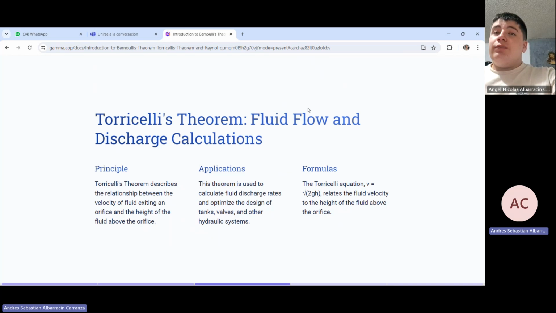For applications of this theorem, we can calculate fluid discharge rates and optimize the design of tanks, valves, and other hydraulic systems. For the formula of the Torricelli equation, we have that v is equal to the square root of 2 times gravity times height. That relates the fluid's velocity to the height of the fluid above the orifice. So this is the Torricelli theorem.